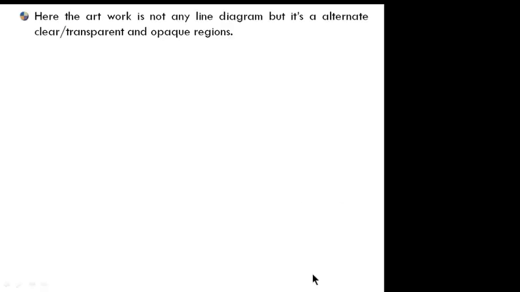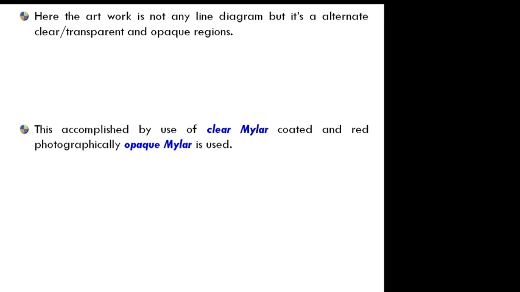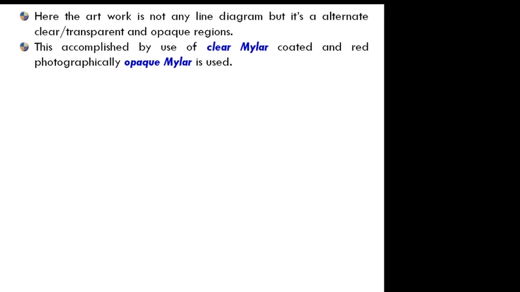Okay, so the artwork here is not a line diagram, but alternate clear, transparent and opaque regions. So a mask is basically an artwork, there is no doubt about it, and it's made up of glass and sequences of clear transparent or opaque regions.